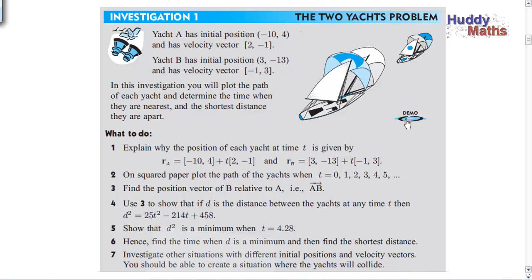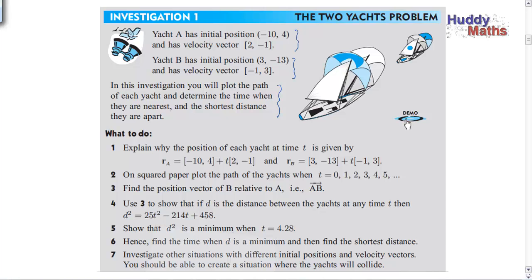A yacht has a position, a two-dimensional problem here. The yacht's not going up and down, well, unless there's a lot of waves, mate. But anyway, we're just considering it in 2D space here, and another yacht, and they've got velocity vectors, and what we're going to do is plot the path and investigate this motion.